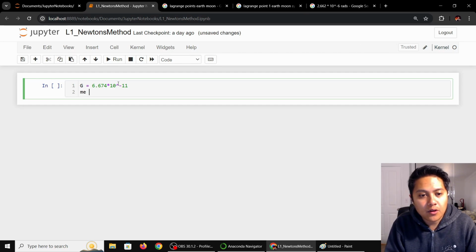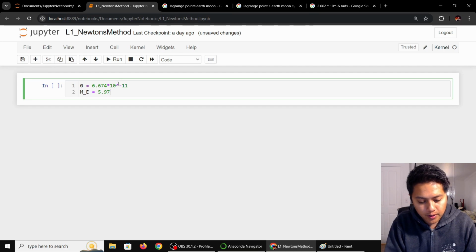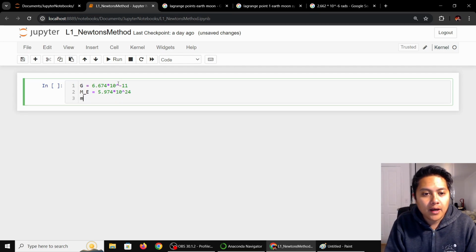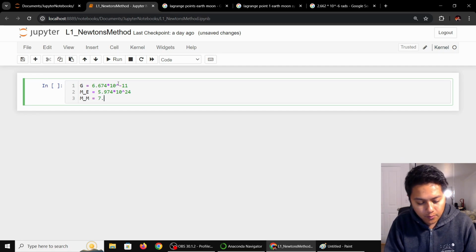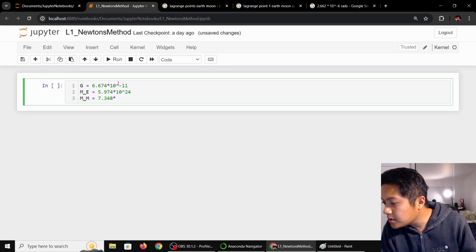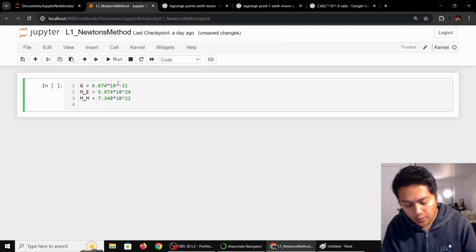So the mass of the Earth is equal to 5.974 times 10 to the 24, I believe, kilograms. Yep. The mass of the moon is equal to 7.348 times 10 to the 22 kilograms.